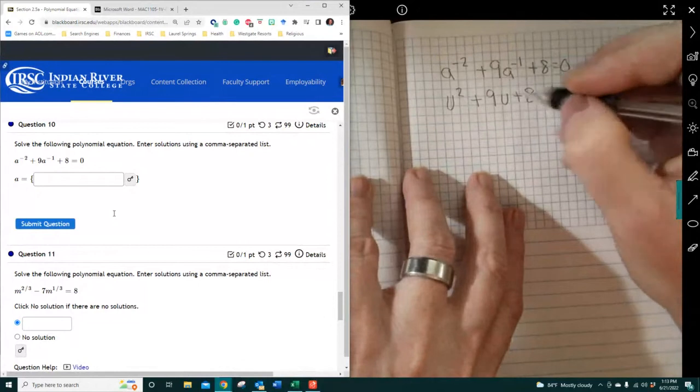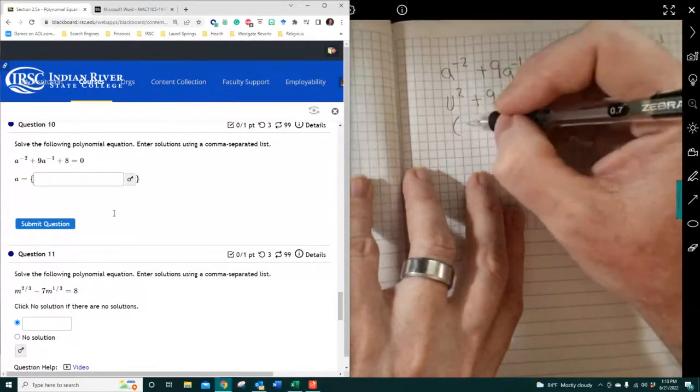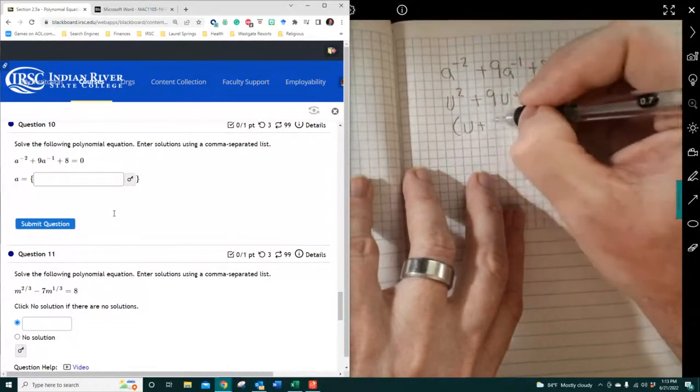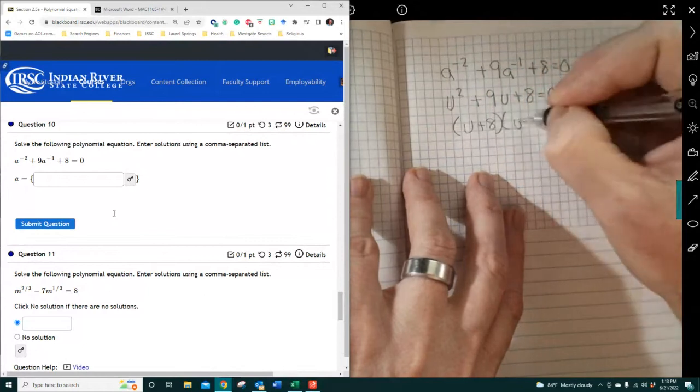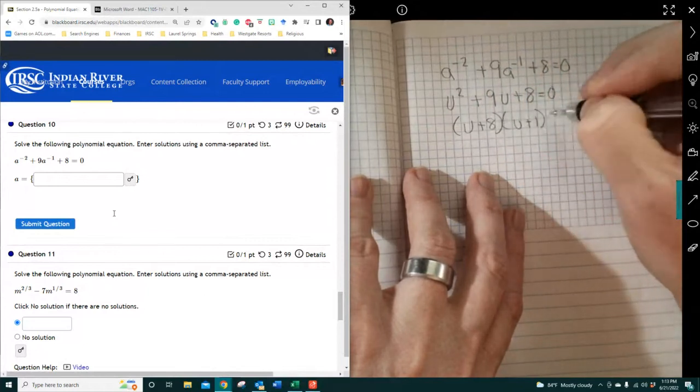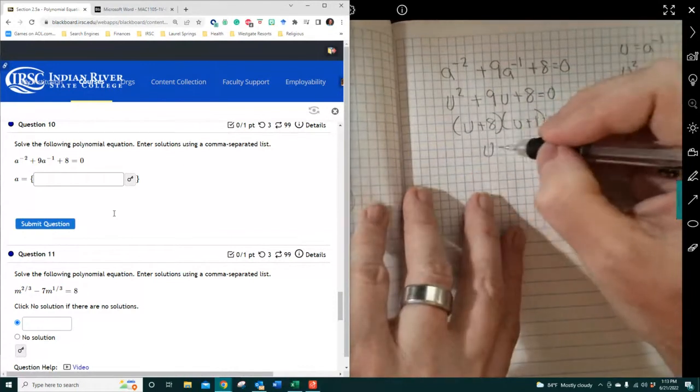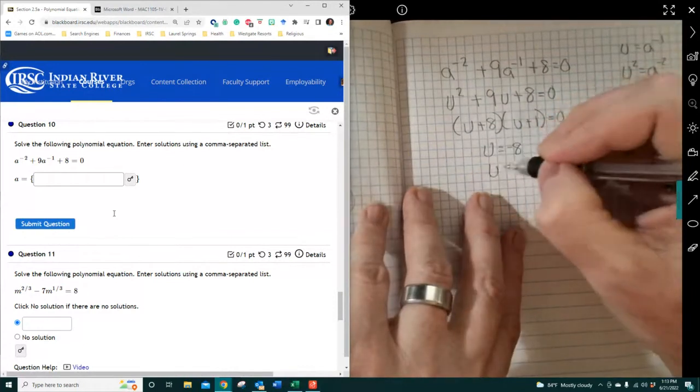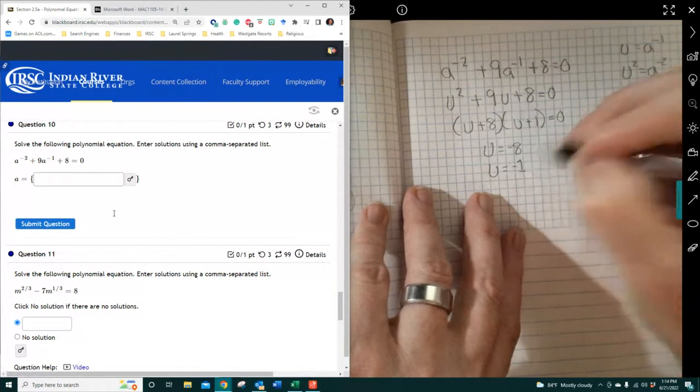Two numbers that multiply together to create 8 and add up to 9 are 8 and 1. The factoring part becomes really simple when you set up the U-substitution. And now we say u equals -8 and u equals -1.